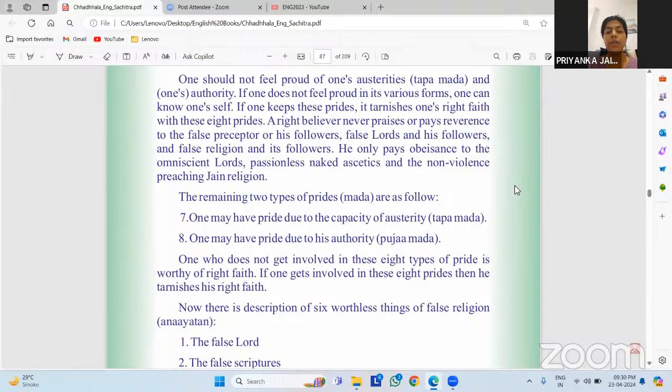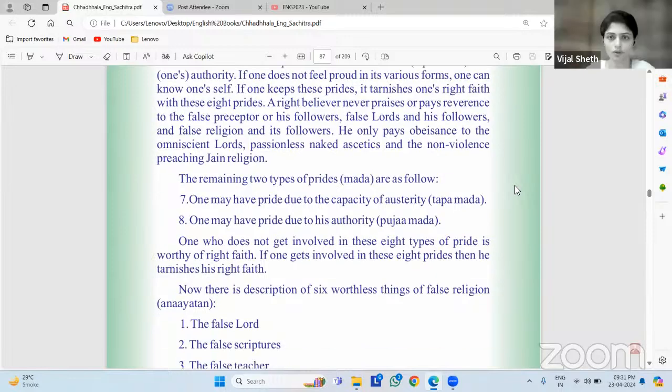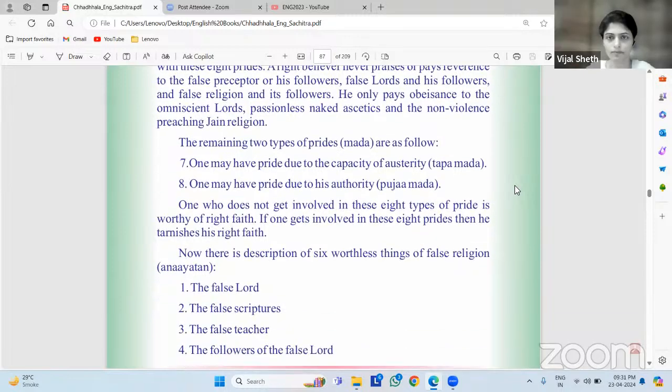A right believer never praises or pays reverence to the false preceptor or his followers, false lords and his followers, and false religion and his followers. He only pays obeisance to the omniscient lords, passionless naked ascetics, and the non-violence preaching Jain religion.